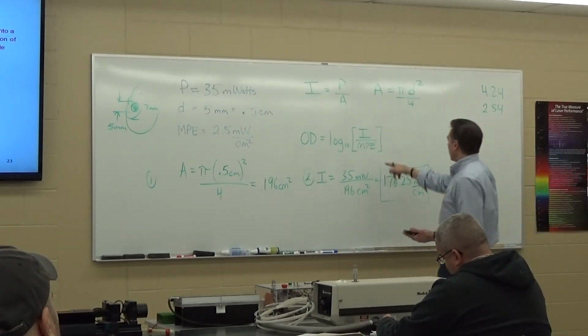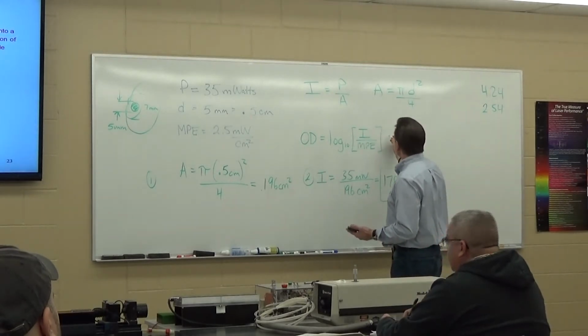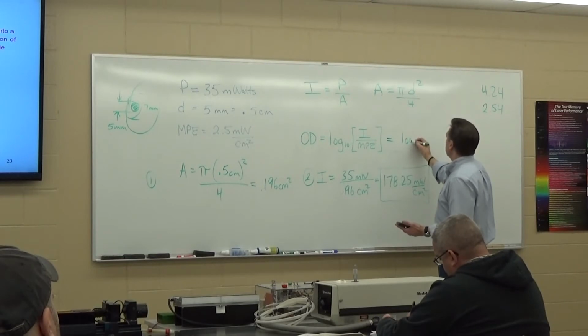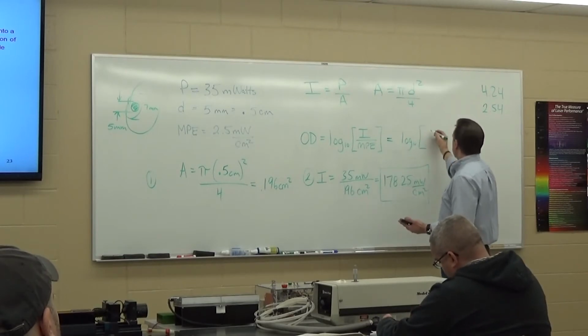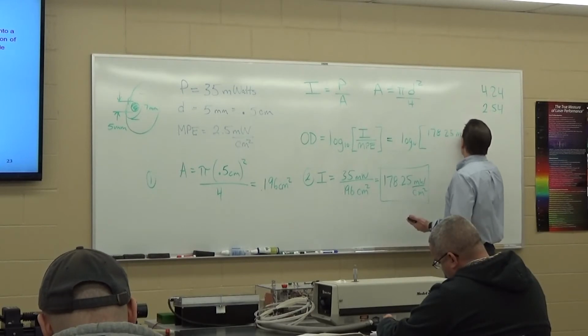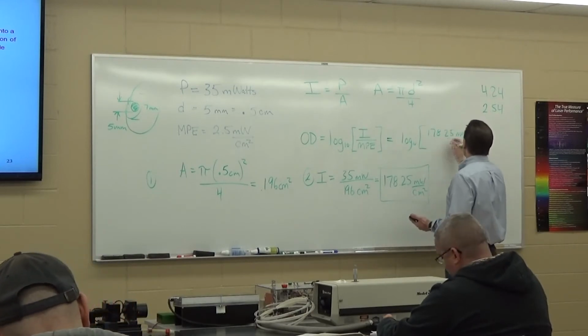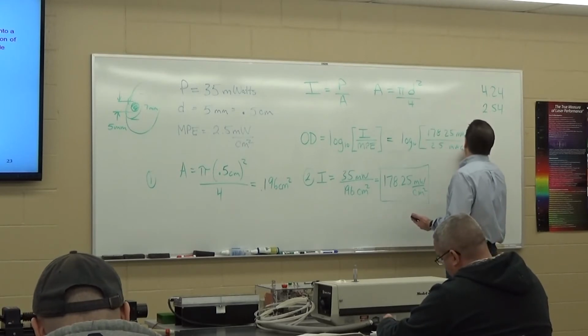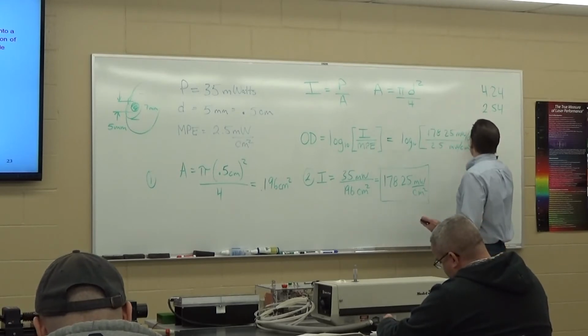So we plug in: log base 10 of 178.25 milliwatts per centimeter squared divided by 2.5 milliwatts per centimeter squared.